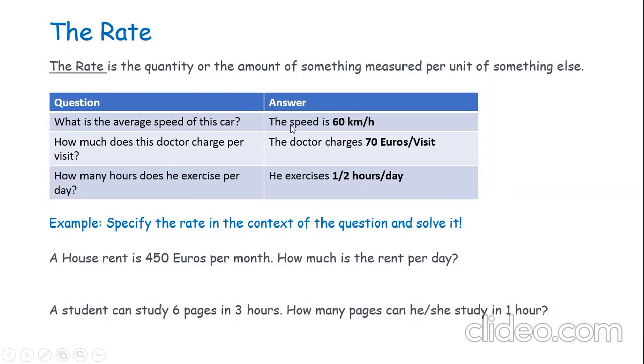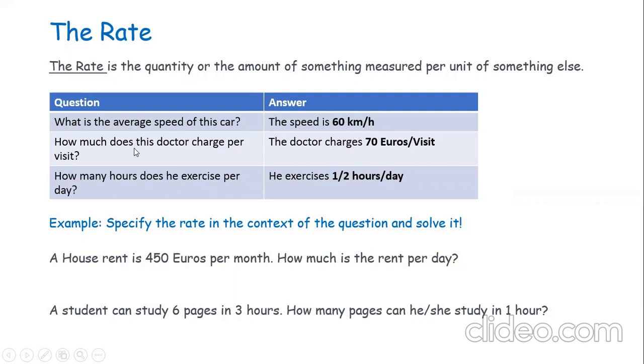So an example answer might be 60 kilometers per hour. We can, of course, convert the units, so we can say 60 multiplied by 1,000 meters over 3,600 seconds, if we want to express this instead of kilometers per hour as meters per second, let's say.